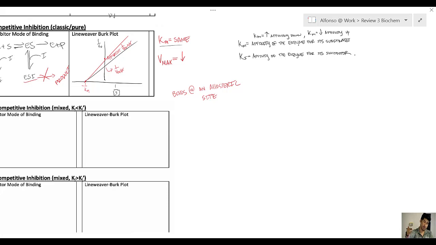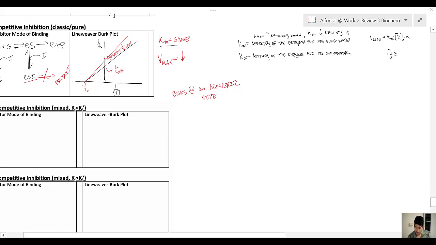Km is equal to the substrate concentration at which half of the enzymes are bound to substrate, which is 1/2 of the Vmax, and Ki is equal to the inhibitor concentration at which half of the enzymes are bound to the inhibitor. Those two definitions may not be as important to you right now, but it's good for you to keep them in the back of your mind. So the reason why I say half of the enzymes is because, let's say Vmax is equal to k2 times the amount of enzymes times the number of active sites.